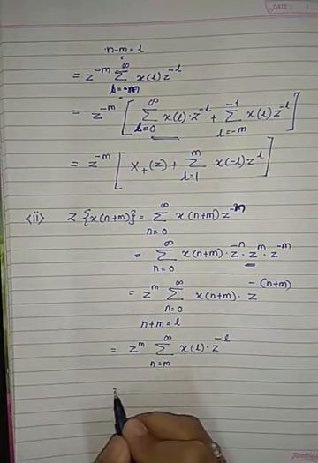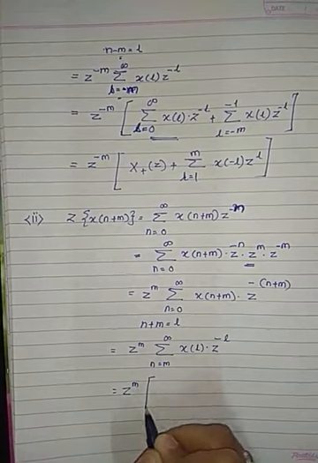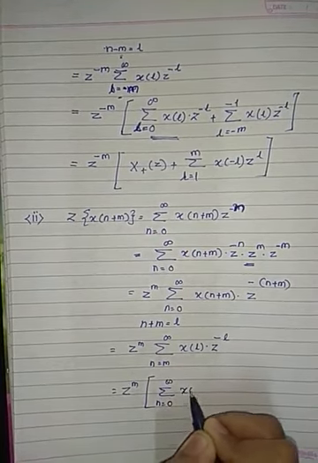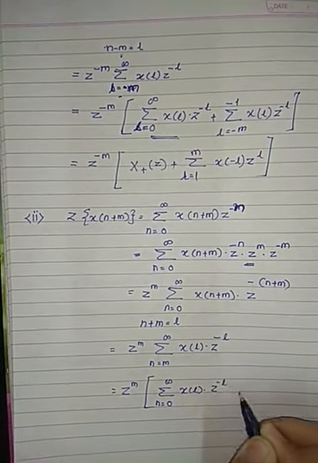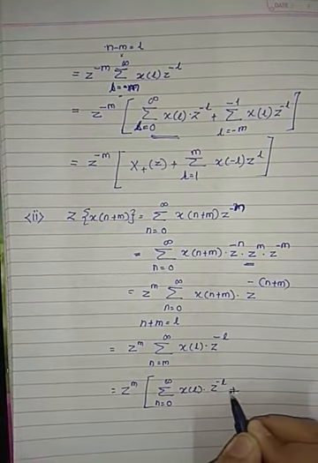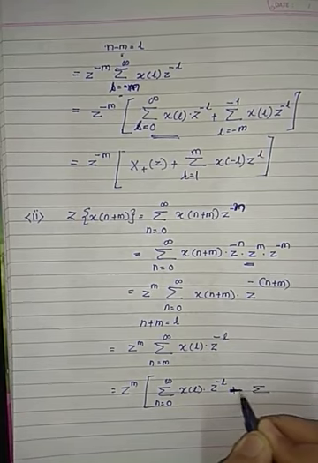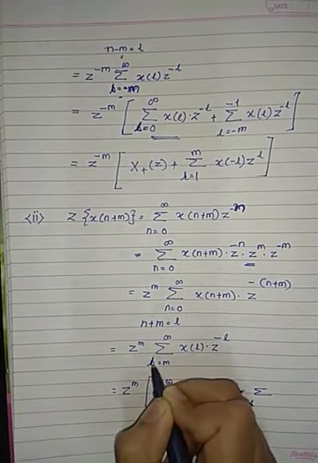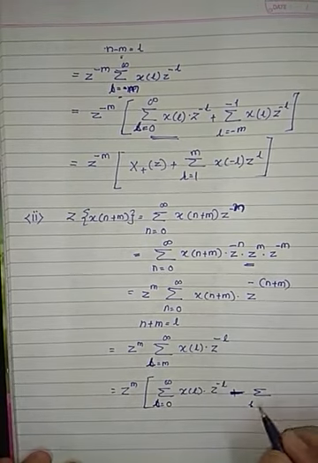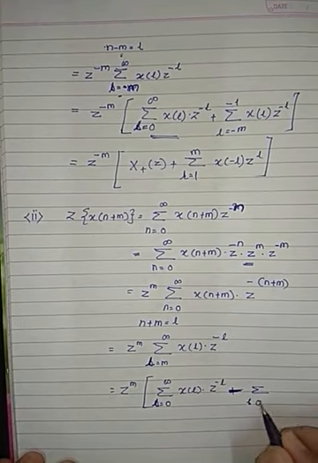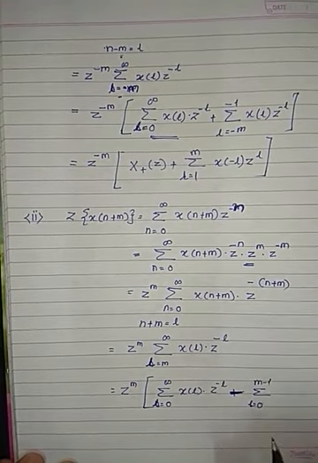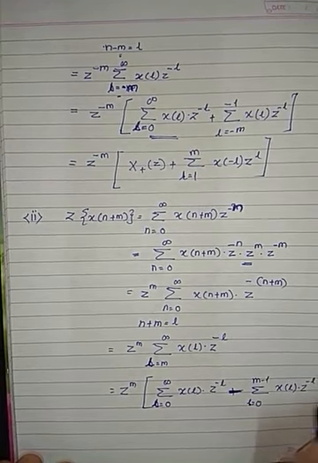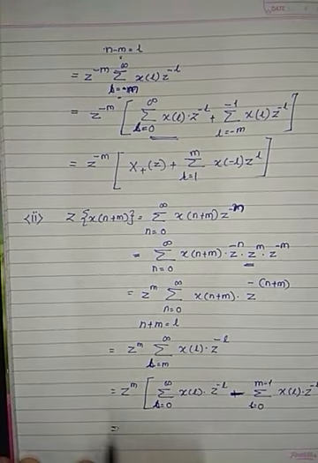Now, simplifying or splitting our equation, we have summation from L equal to 0 to infinity of x of L into z raised to minus L, minus summation from L equal to 0 to m minus 1 of x of L into z raised to minus L. After simplification, what do we have?